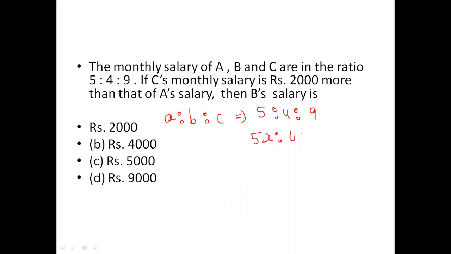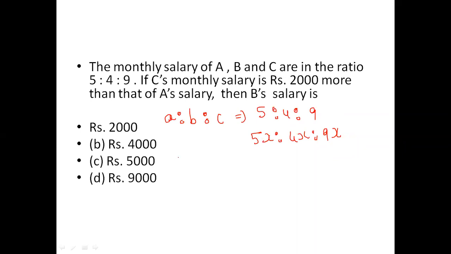I can take x as the common factor for this ratio. So if I know the common factor x value, multiplying it with 5, I could say salary of A. Multiplying it with 4, I could say salary of B. Multiplying with 9, I could say salary of C. So my task is to find out the common factor here, guys. The entire concept of ratios and proportions is finding the common factor value only.